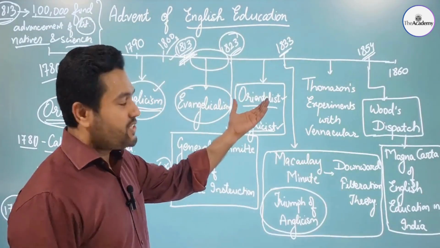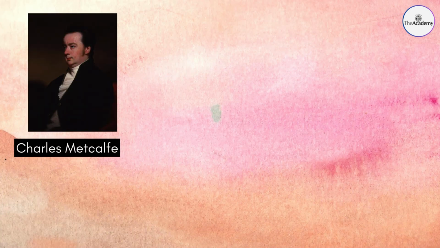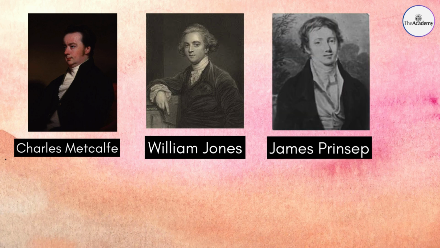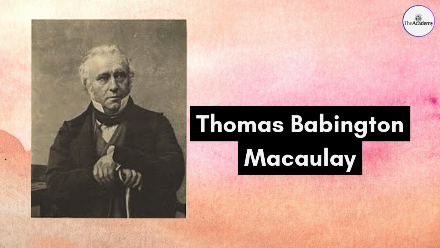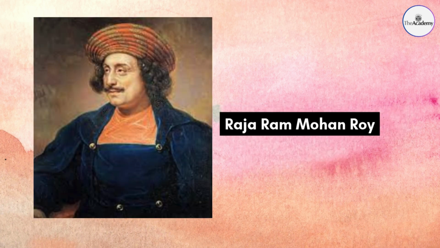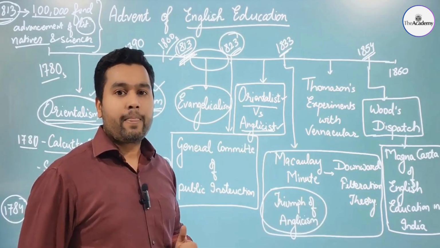The Orientalists such as Charles Metcalfe, William Jones, James Prinsep, and Anglicists such as Thomas Macaulay and even Raja Ram Mohan Roy. He would be an Anglicist because he would support what? Western education, English education, the modern sciences.